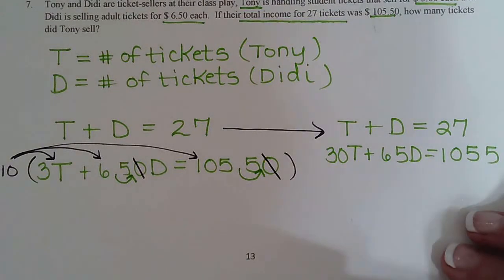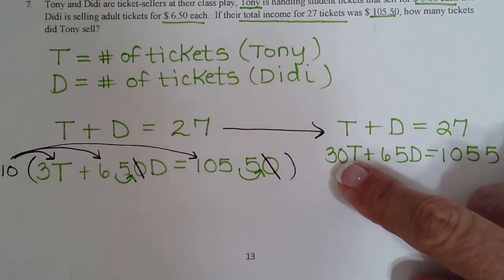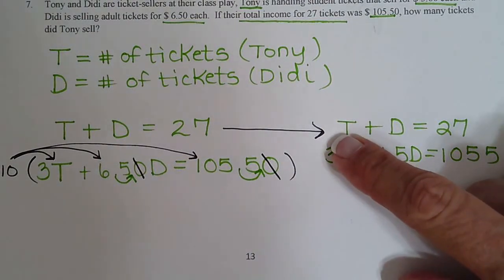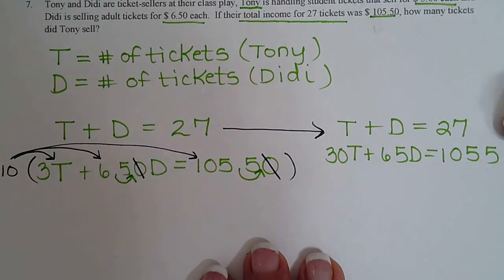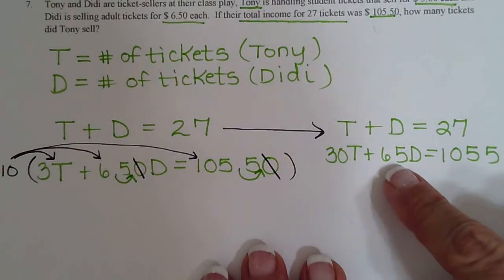Okay, so next we need to make opposites. So we have two choices on this one. This T is 30. We could easily make this one negative 30 by multiplying the whole top equation by negative 30. This is 65.